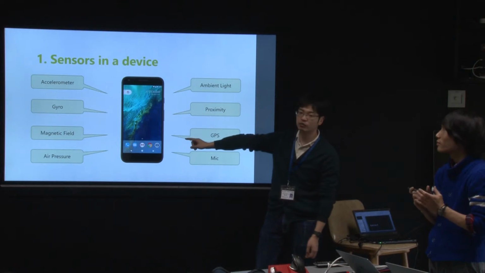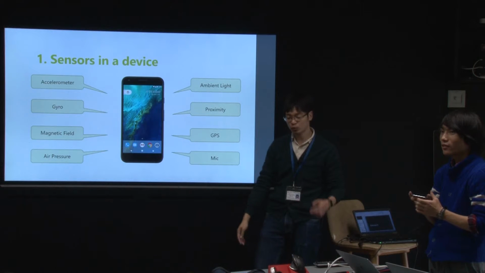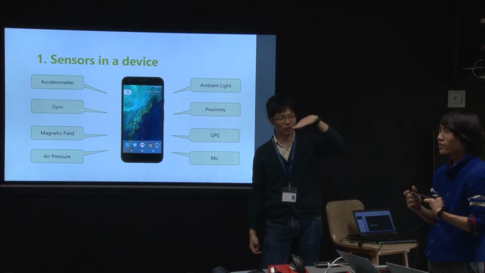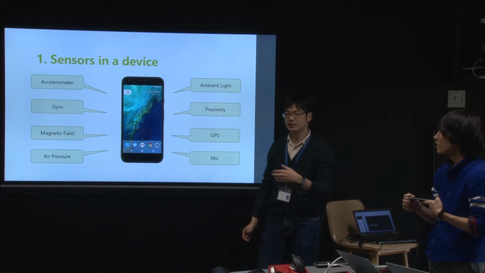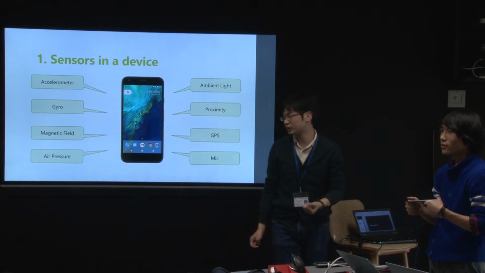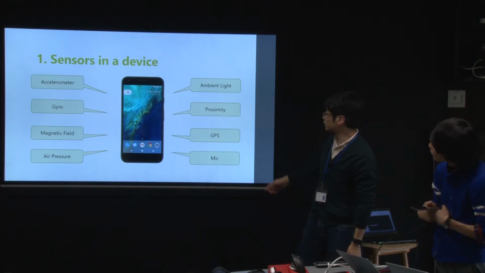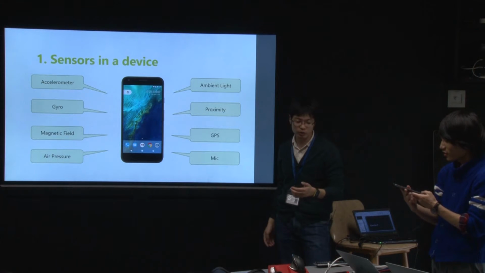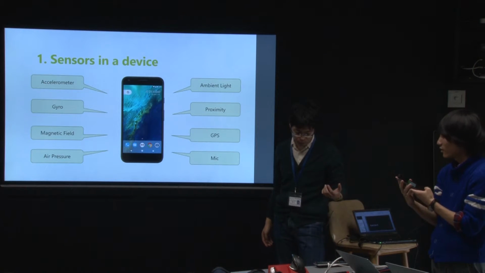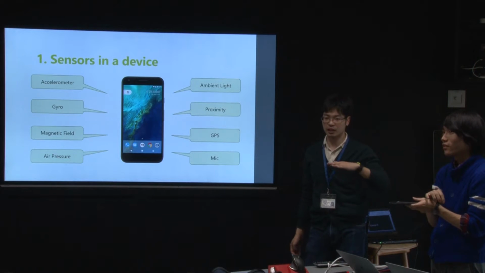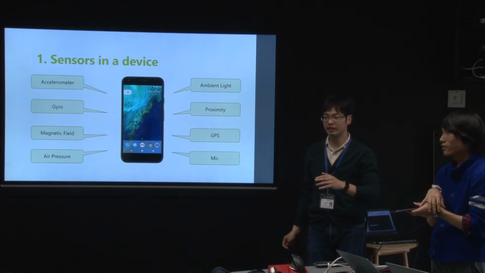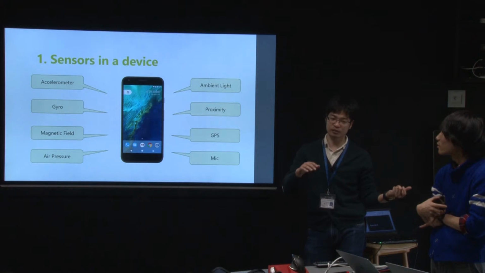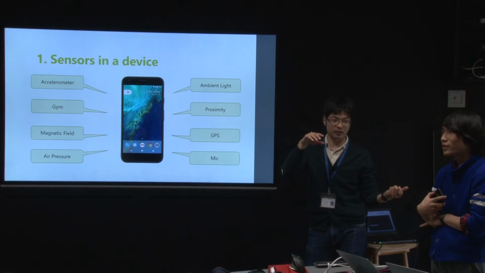Or some devices have an air pressure sensor. If you go to Mount Fuji, the air pressure will go down, so some devices can detect this. And maybe you are using ambient light sensors to adjust the display's brightness automatically. If you are in a dark place, the display will automatically dim.